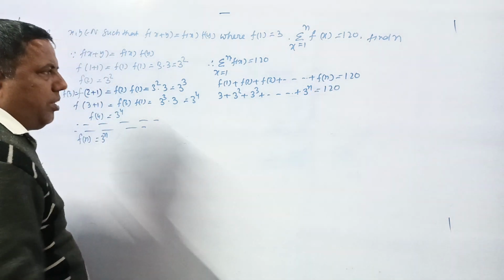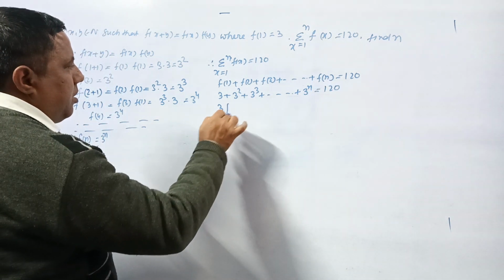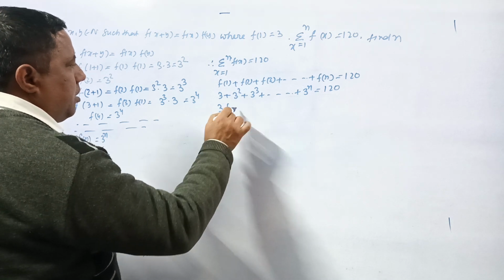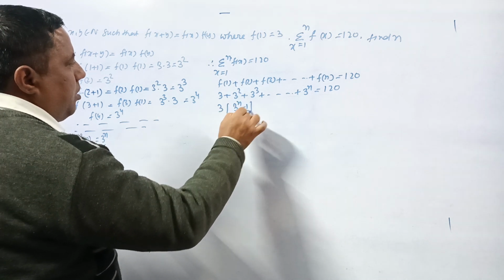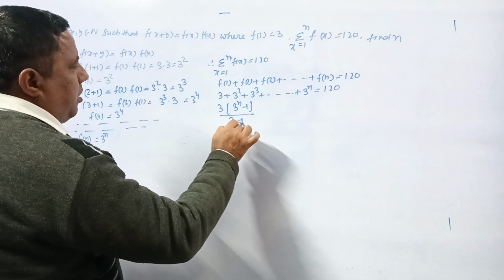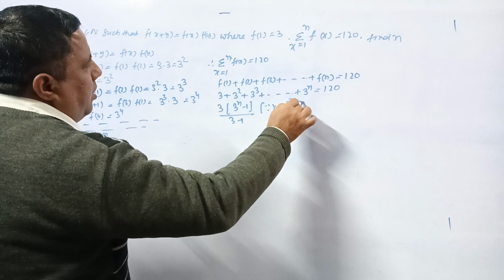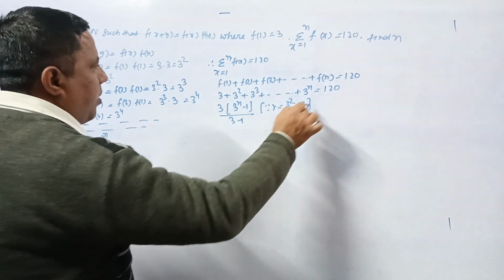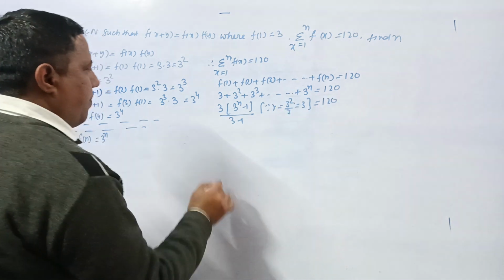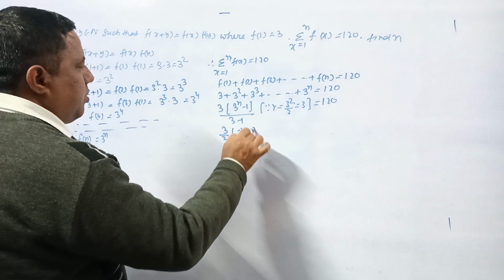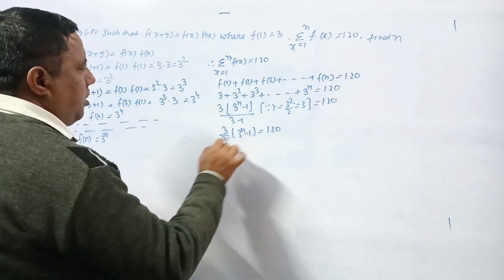This forms a GP with a equal to 3, r equal to 3 square by 3, that is 3. The sum is 3 into 3 to the power n minus 1 upon 3 minus 1, equal to 120.